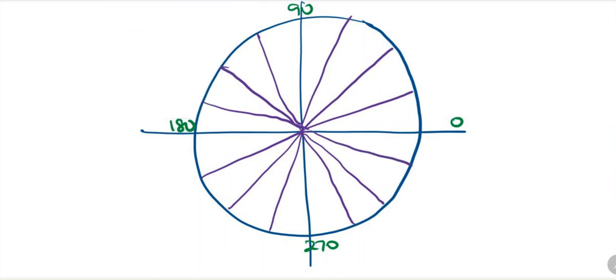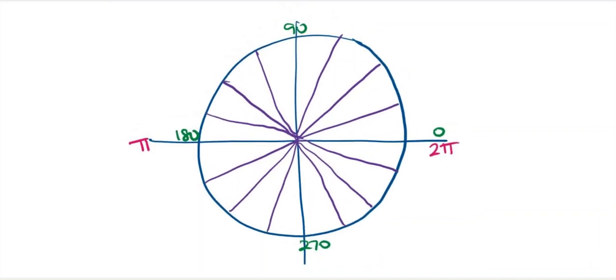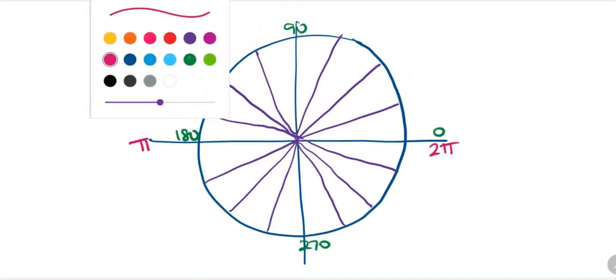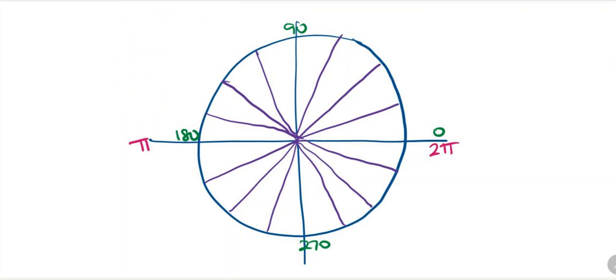We know that a full circle is 2 pi, and that half a circle is pi. So this is what we've got so far. On our degrees, I'll write that first, in green. Half of this way here is 45, and in between 45 and 90 is 60, and we have 30.